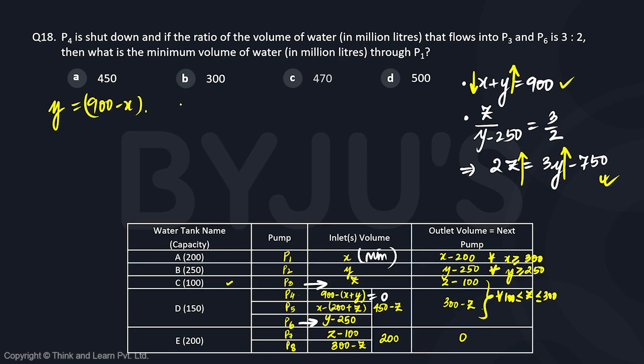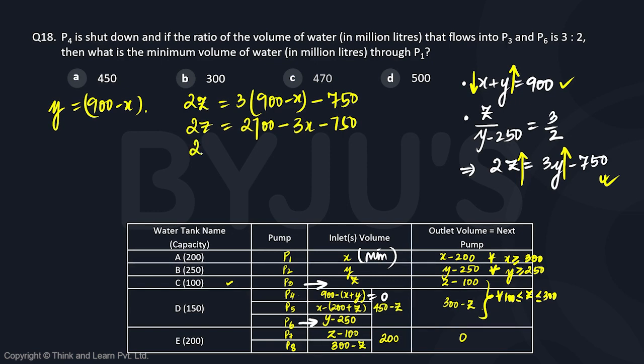We will have 2z is equal to 3 times 900 minus x minus 750. So 2z is equal to 2700 minus 3x minus 750, which is 2z equal to 1950 minus 3x.